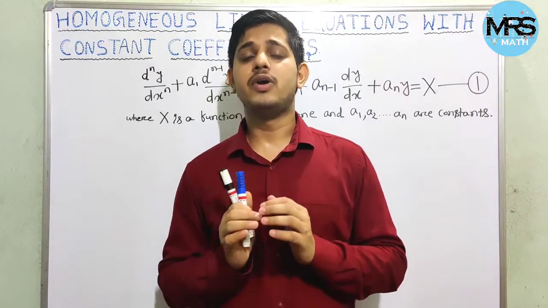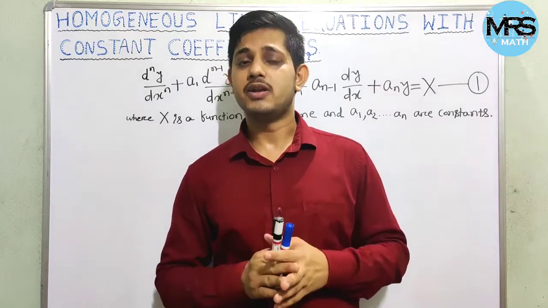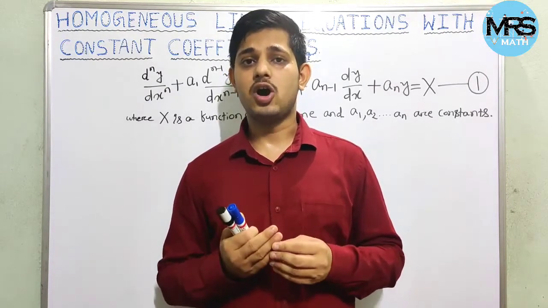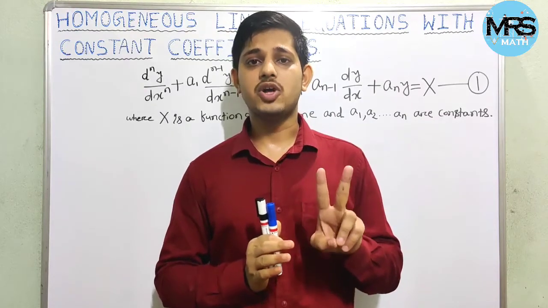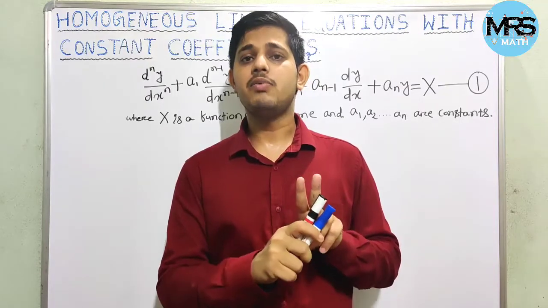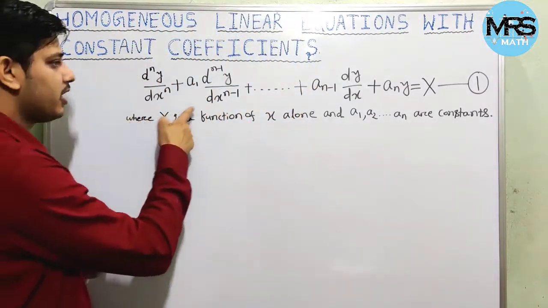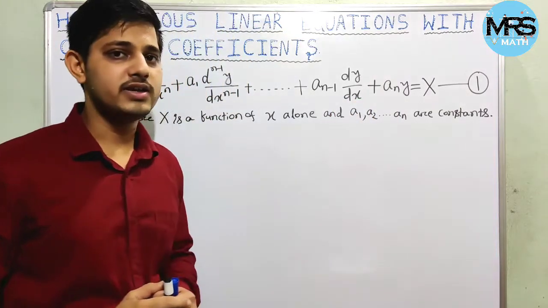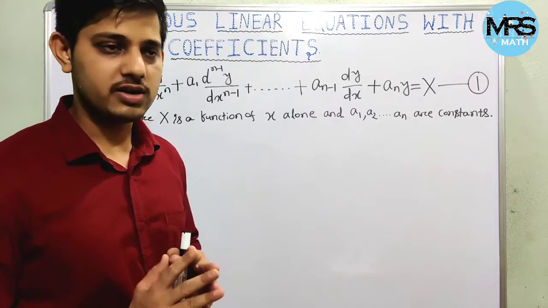With that I explained what is linearly independent and what is linearly dependent, and I initiated the term general solution, which is nothing but the sum of particular integral and complementary function, right? So here you can see that this equation 1 is the general form of linear equations with constant coefficients.